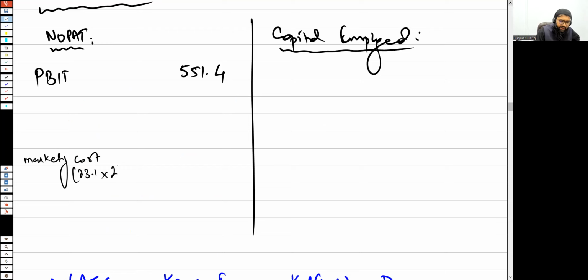So it's actually going to be 23.1 that needs to be added back. For the capital employed, the marketing cost needs to be added back.